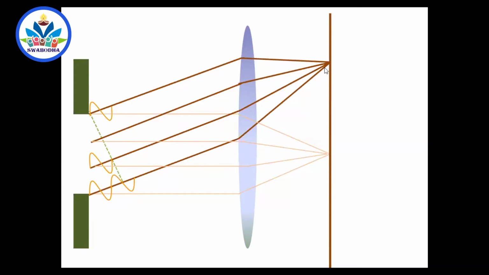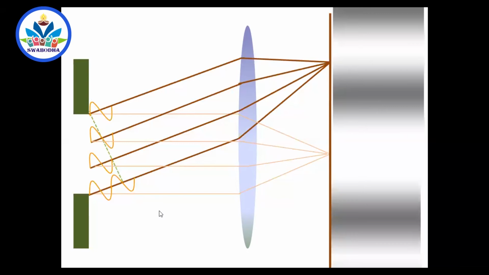But that brightness is not as bright as this one, because here every wave contributes to the brightness. Here all the secondary waves do not contribute to the brightness. Only a few secondary waves contribute. These produce dark fringe. They destroy each other. So if the path difference is 1.5 lambda, 2.5 lambda, 3.5 lambda, and so on, then the whole slit can be imagined to be divided into 3 parts.